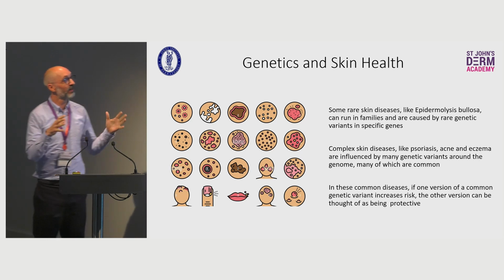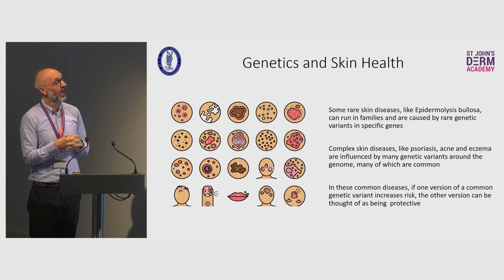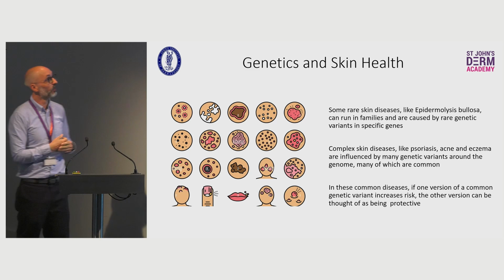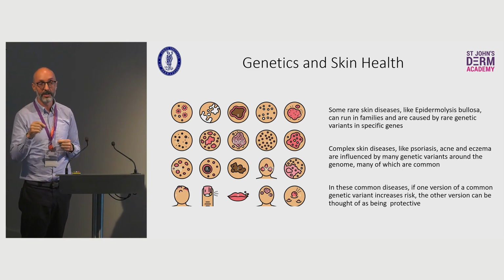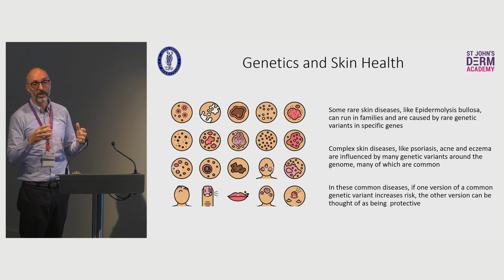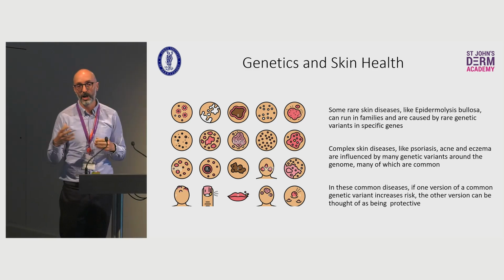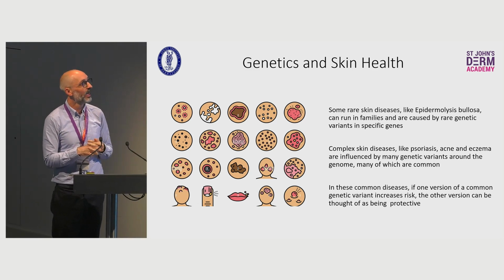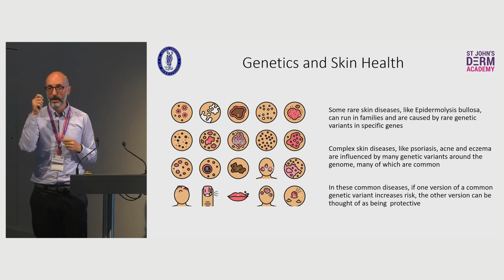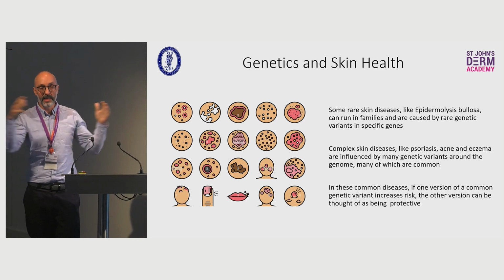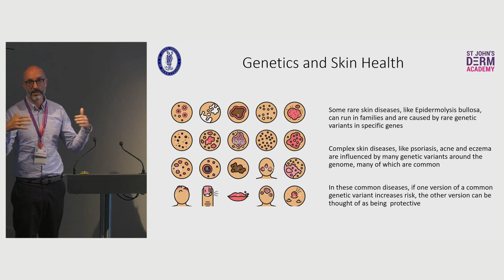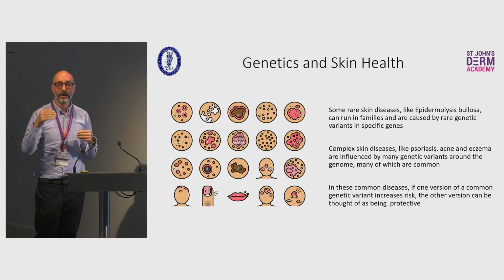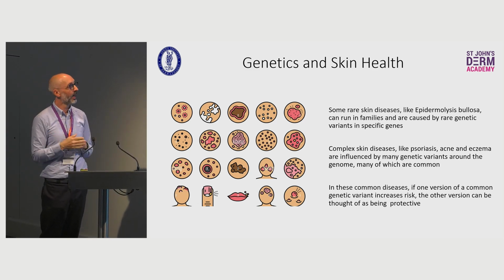As I've said, some rare skin diseases that we've been working on with John, like EB, can run in families, and they're caused by rare genetic variants. But common complex skin diseases like psoriasis, acne, and eczema are influenced not by one single variant, but by many thousands of variants across the genome. Many of these are common, and they just change our risk of developing disease by a small amount.